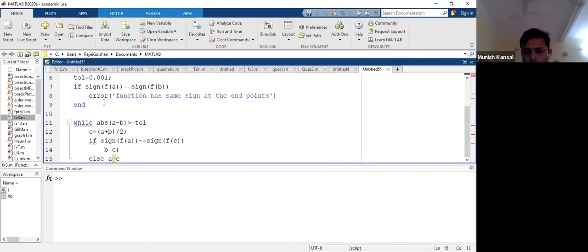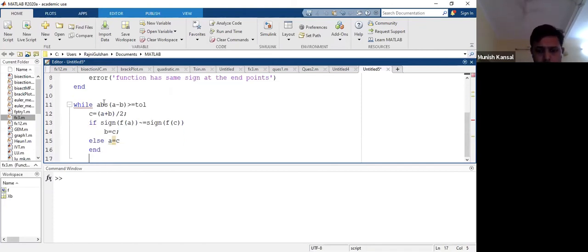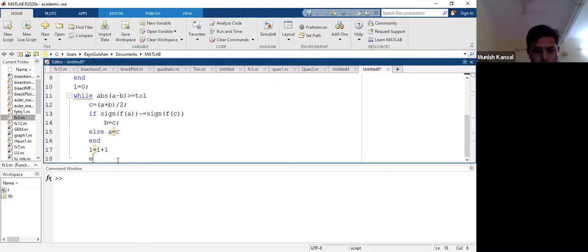Now we end this loop. Since we used a while loop, we have to make increments. So we generally write i is equal to i plus 1. For that I have to initialize i is equal to 0. So let me just end this.